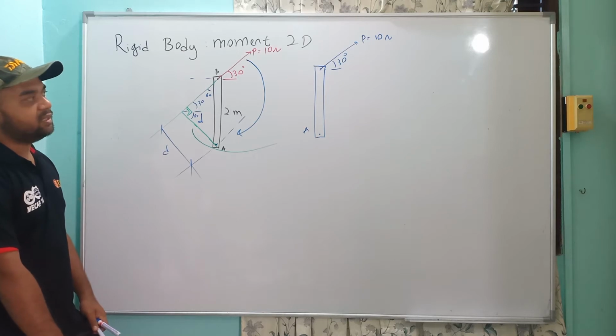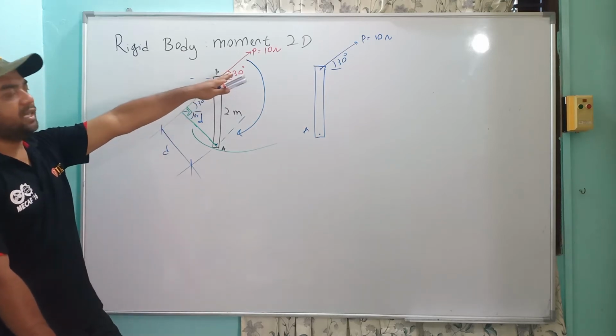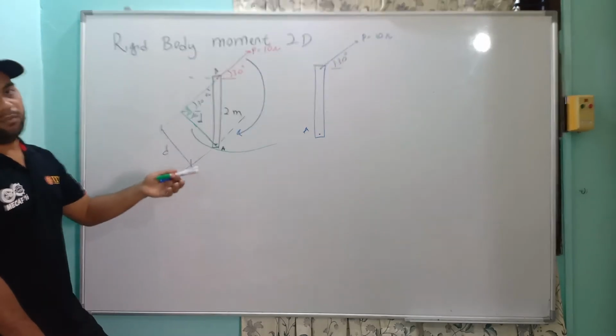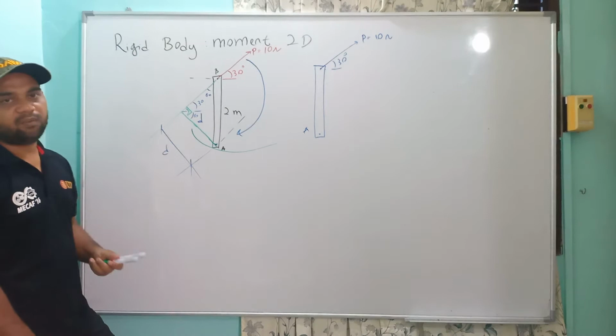The second one is, instead of using the P directly, as we have learned from the previous chapter, you can resolve the P into the components that you want.